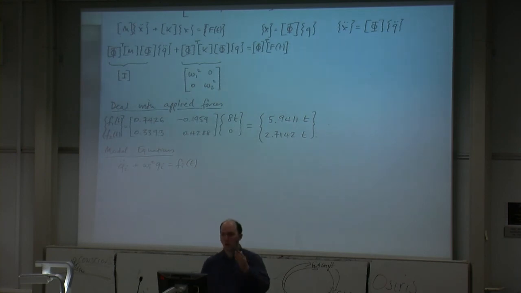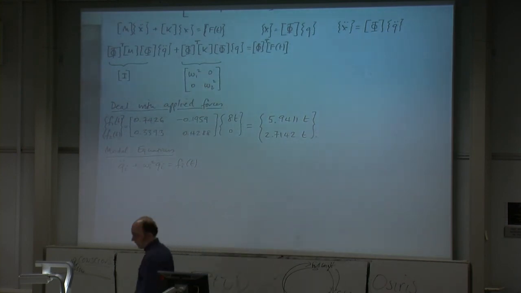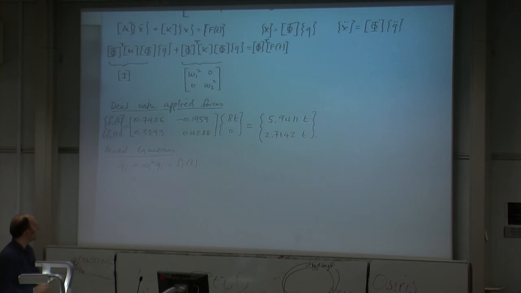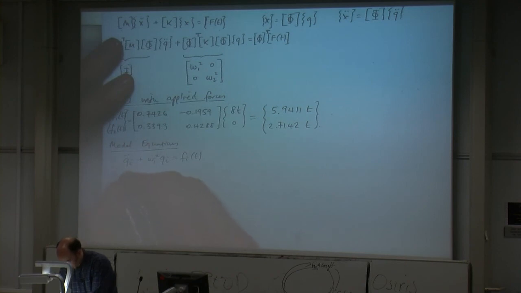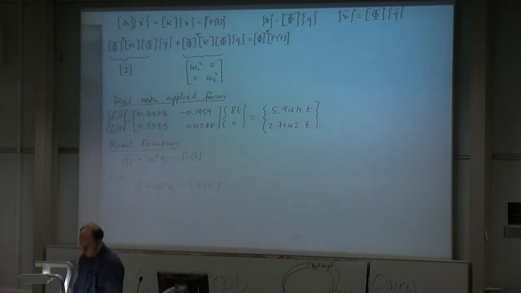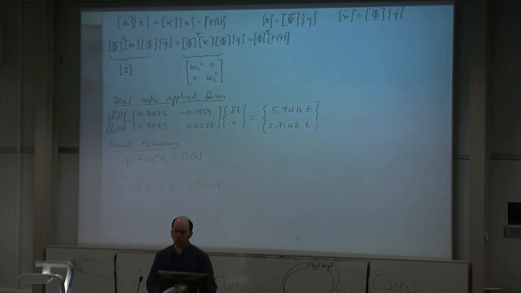If you've rescaled those mode shapes, you will always end up with an equation in this form. No matter how complicated the question is, those equations will always be in that form. And so for i equals 1, we have q1 double dot plus omega 1 squared q1 equals 5.9411 times t.